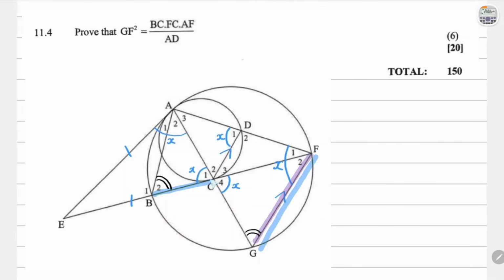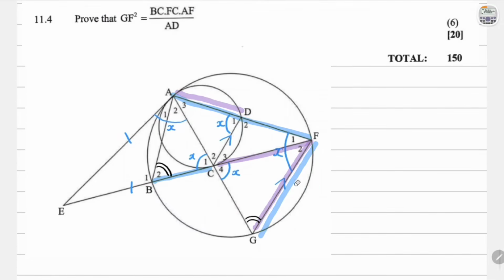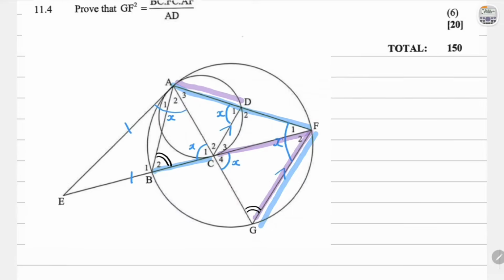BC is over here. And then we have FC, which is over here. Then AF is here all the way down like that. And then we have AD lastly, which is over here. So we have highlighted all the sides that were mentioned here. The 6 sides in general, or 5 sides because that's just the same side.